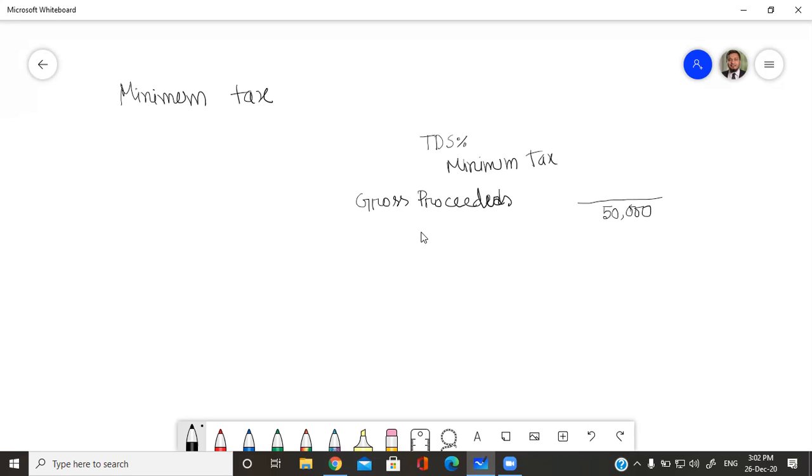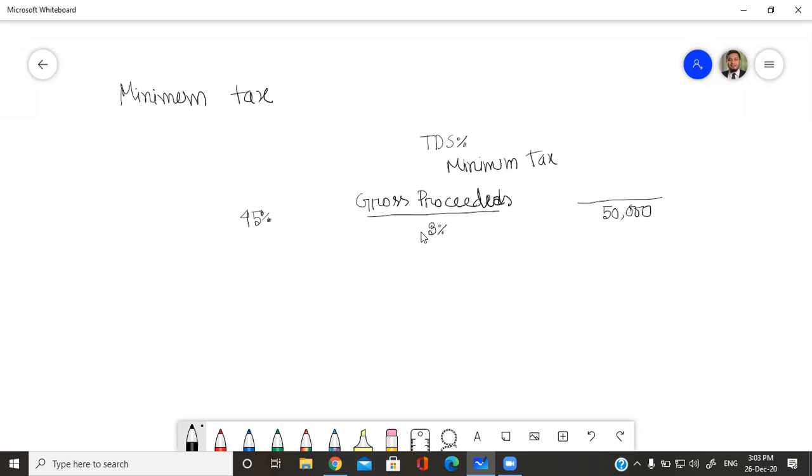For example, a cigarette manufacturing company has a minimum tax requirement that their payable tax in a particular year cannot go below 3% of the gross proceeds. Can you recall the 45% tax rate for the cigarette manufacturing company?